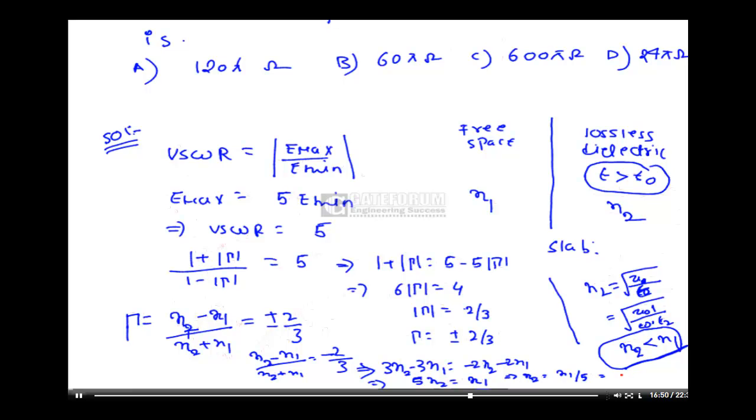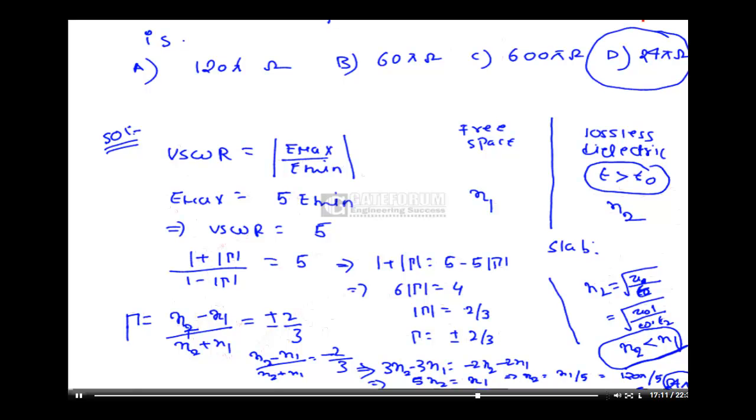Eta 1 is free space, 120 pi, divided by 5. 120 by 5: 5 twos are 10, 5 fours are 20, so 24 pi. So the option is D.